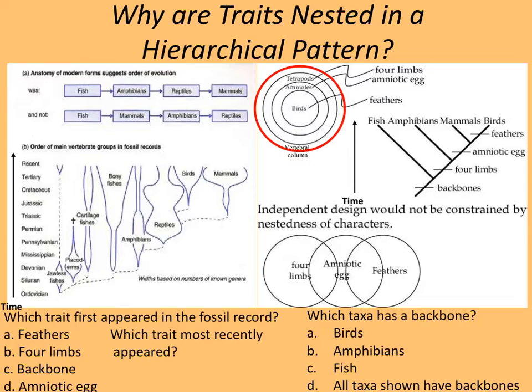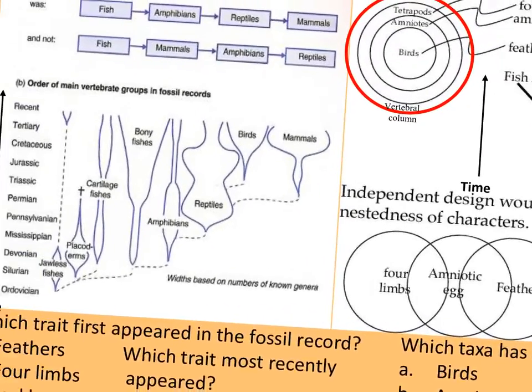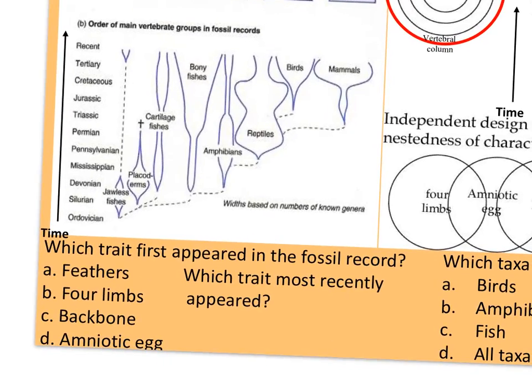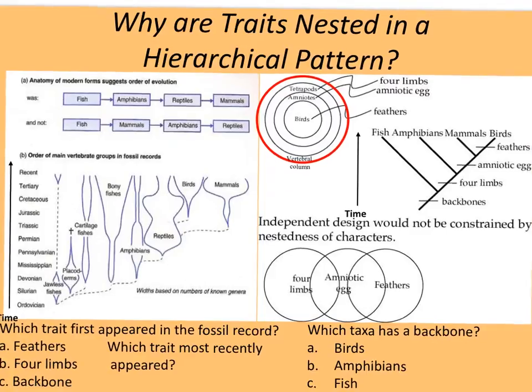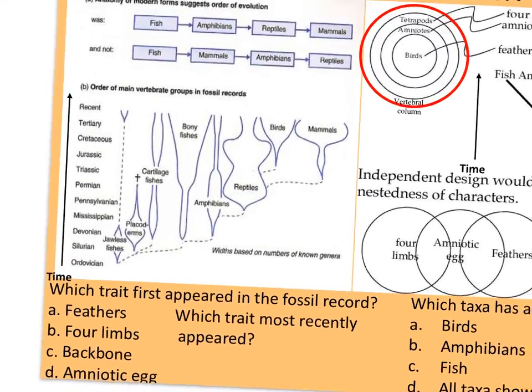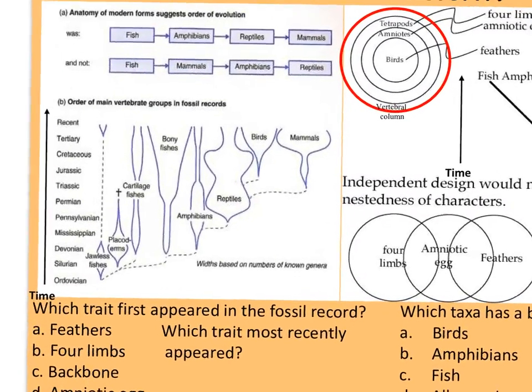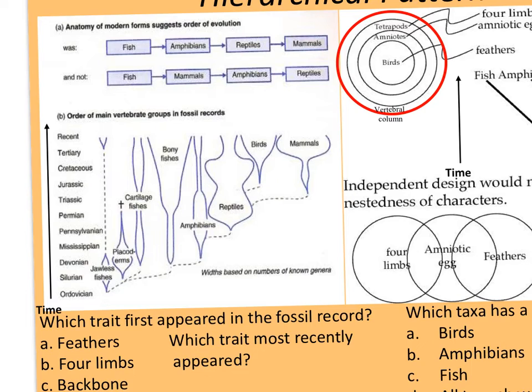This is kind of a hard concept to look at, but let's take a look at it anyway. Okay, first of all, here's the fossil record, and this is the most recent up here, and this is the oldest down here.